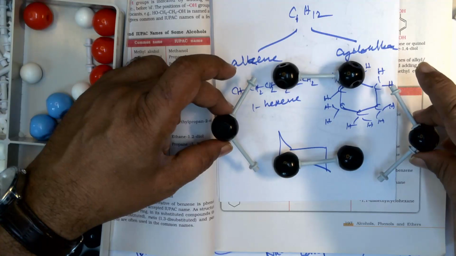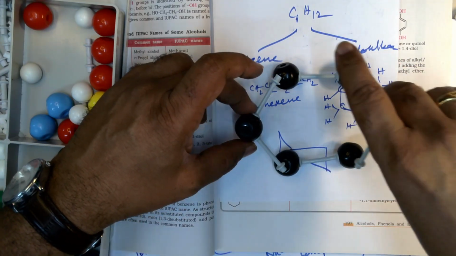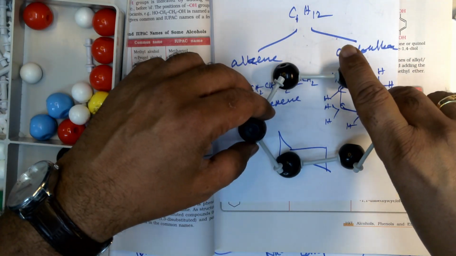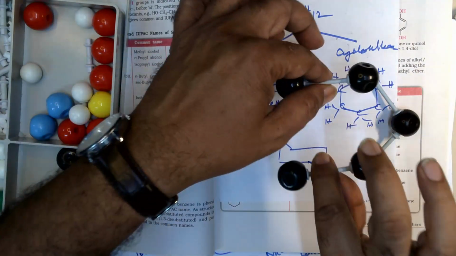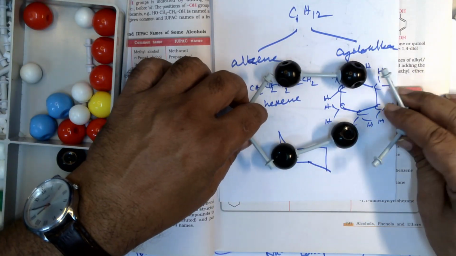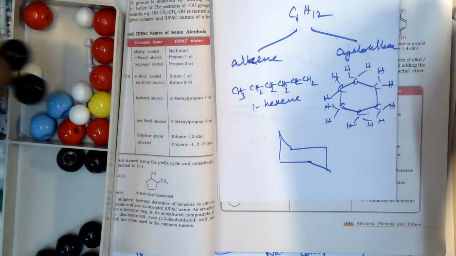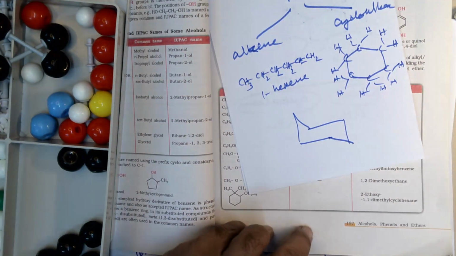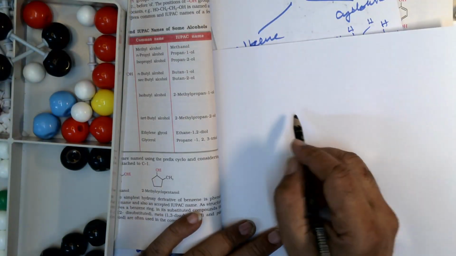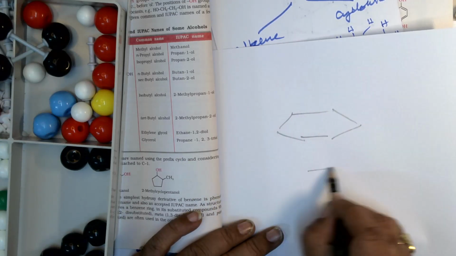Right? And suppose one is here, and here also there will be a strain. So what happens? Instead of having two angular bonds like this, one will go down. So it will form a structure like this, a chair form. This can be drawn in a better way. Instead of a regular hexagon pattern, what happens?